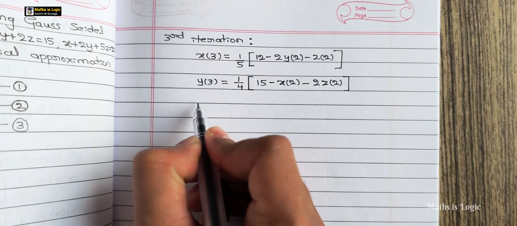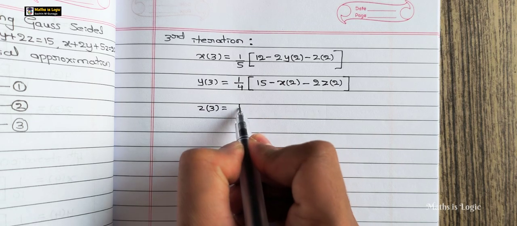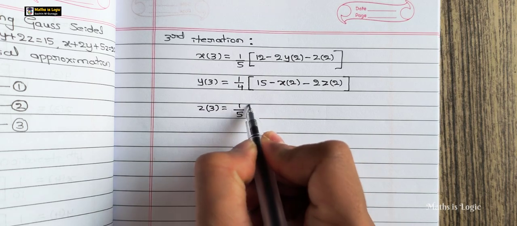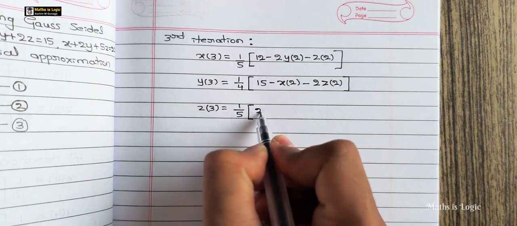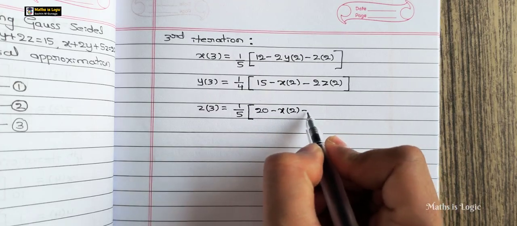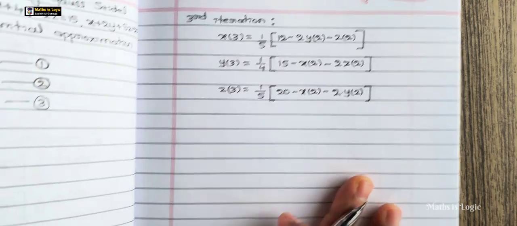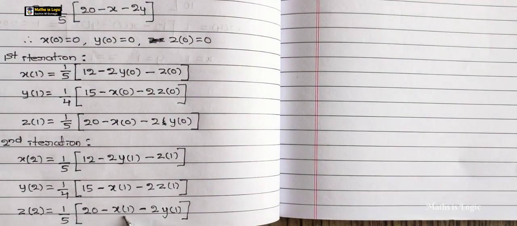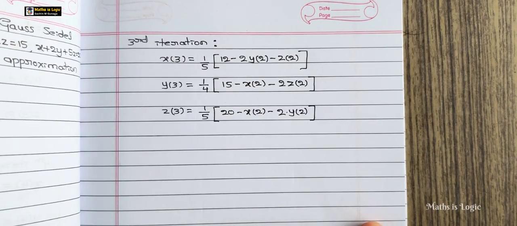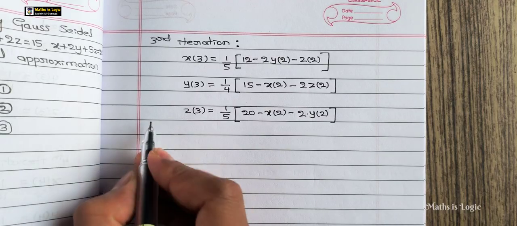Next, z of 3 is equal to 1 divided by 5 into 20 minus x of 2 minus 2 into y of 2. Correct? This x of 1 becomes x of 2, y of 1 becomes y of 2. So third iteration. Next, fourth iteration.